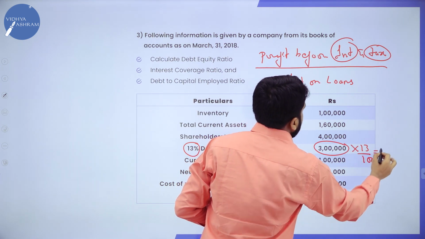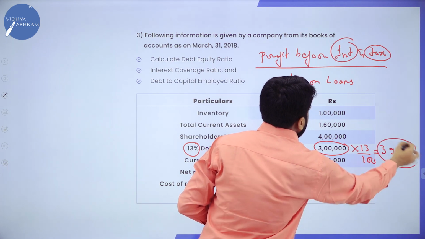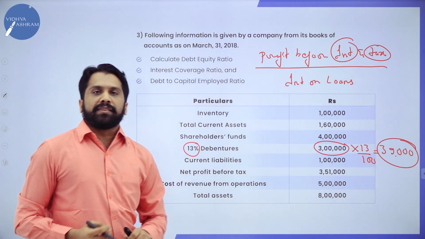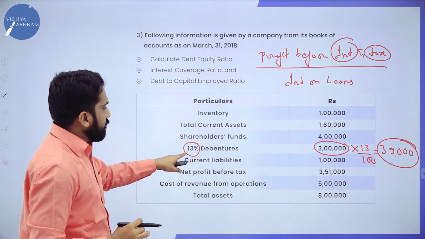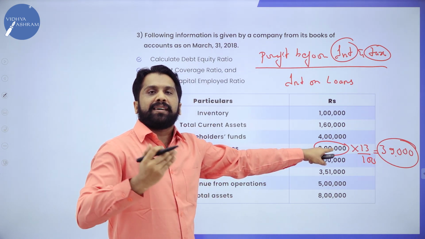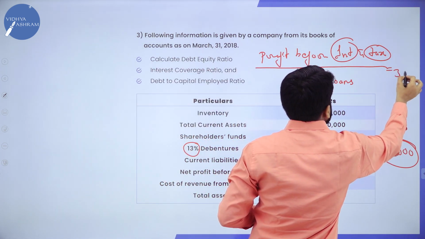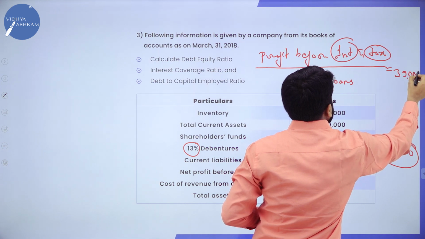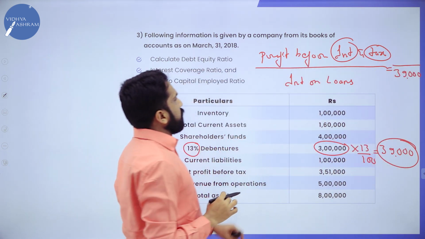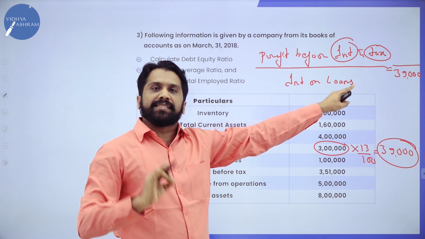So it will be around 39,000. So this is your interest. Very simple. Percentage will be given, amount will be given, multiply and write. Now you got interest is 39,000. Now you have to find out profit before interest and tax.